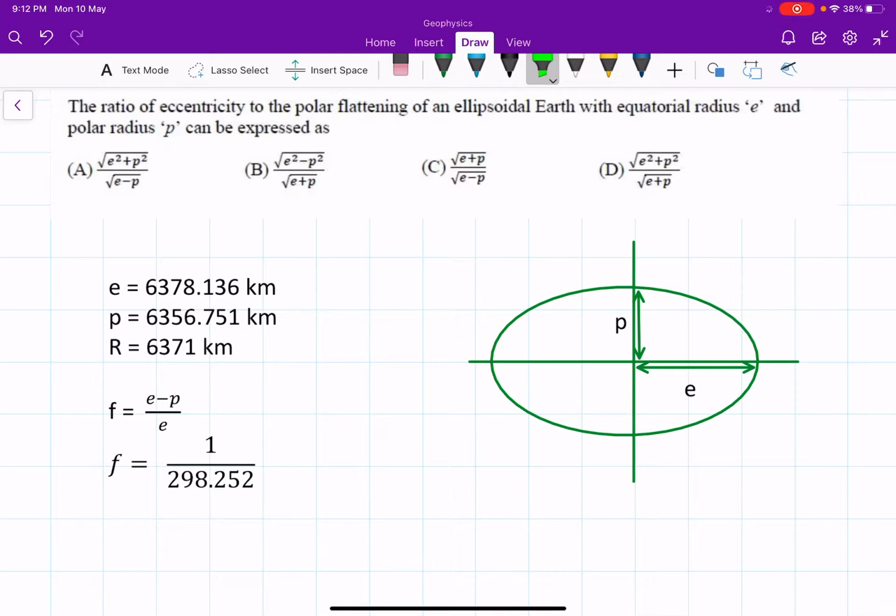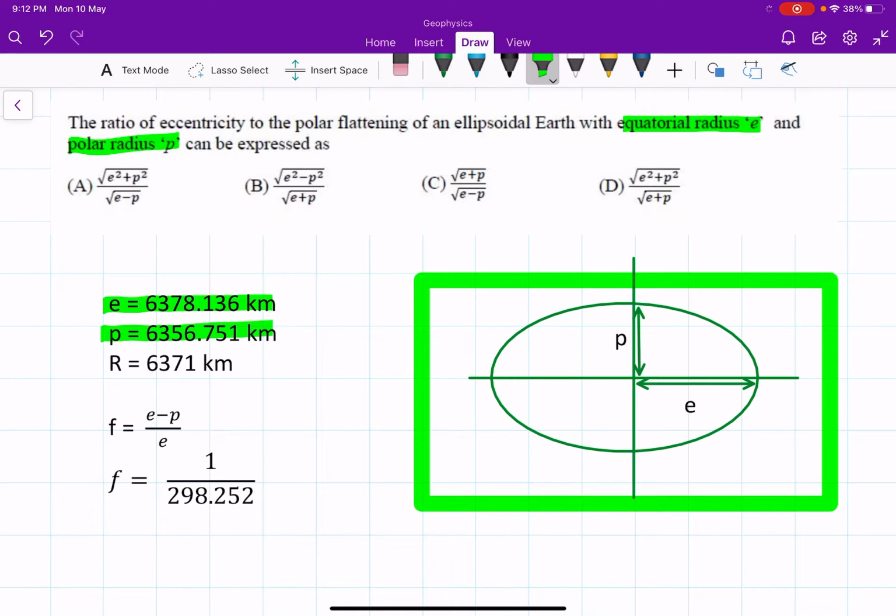Here it is given that E, which is the equatorial radius, is 6378.136 kilometer. Next is the polar radius, which is P, which is 6356.751 kilometer. This is the figure of the cross-sectional area of the ellipsoidal Earth.